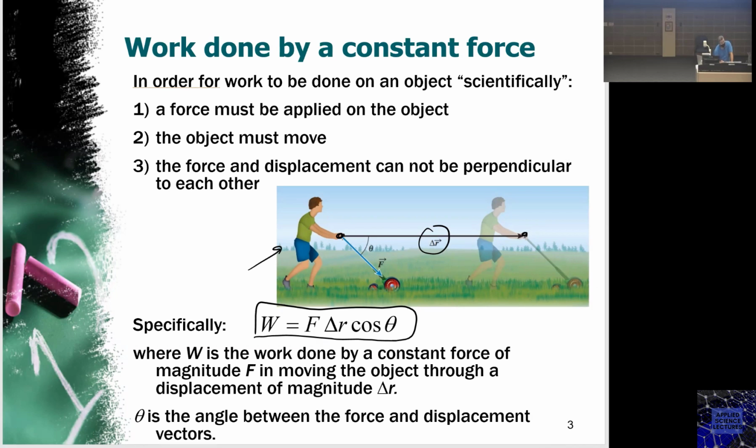And the force is applied, as you can see, along the handle of the lawnmower. So if we want to calculate the work, you take the magnitude of the force times the magnitude of the displacement times cosine of the angle between the displacement and the force vector, which is theta here.